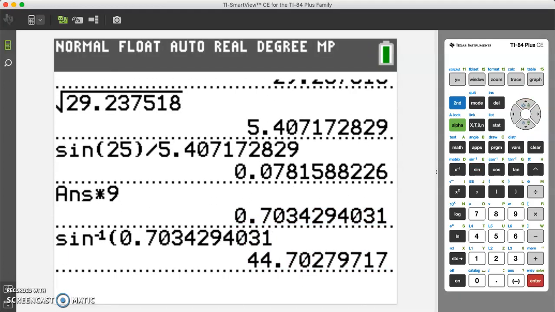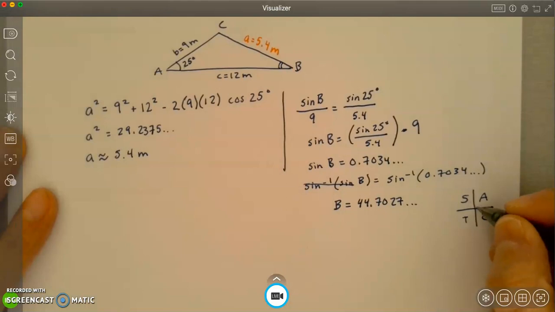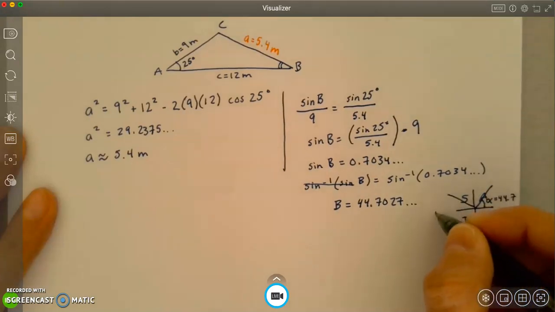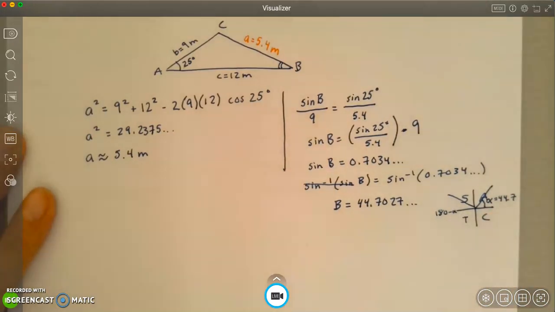And we get B is 44.7027, and so on. Now again, let's consider something. That could be this angle that has a reference angle of 44.7 and so on, or it could be this angle, which we would have to do 180 minus that reference angle. So let's see what that equals.